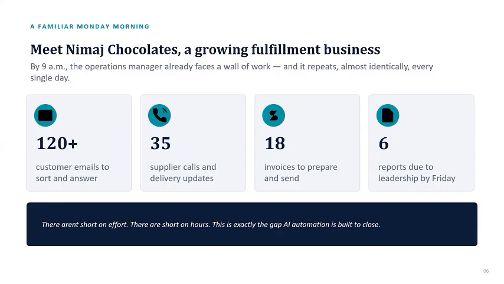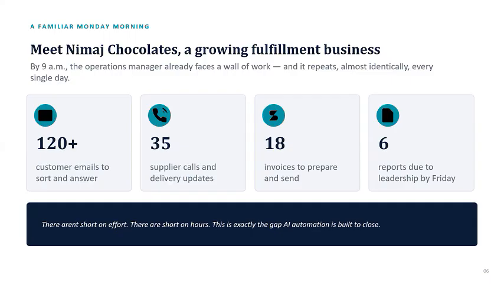You are already overwhelmed. Should I answer the emails? Should I reach out to suppliers almost immediately? What exactly do I do? Should I push out the invoices so that we can start expecting the monies? You are overwhelmed already. Now, this individual, who in this case is an operations manager, is not short on effort.